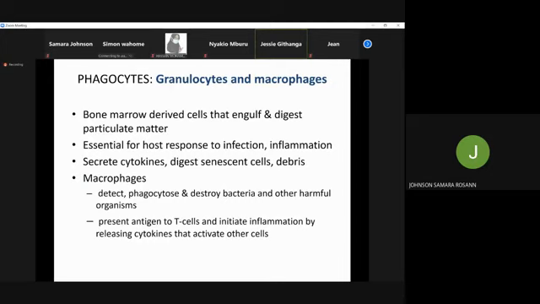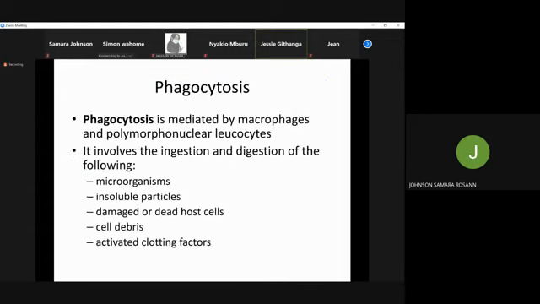Now, phagocytosis is mediated by macrophages and the polymorphonuclear leukocytes. And remember, we said the polymorphonuclear leukocytes are neutrophils, basophils, and also the eosinophils. And so all those three types of cells are able to phagocytose bacteria and other solid or particulate antigens.